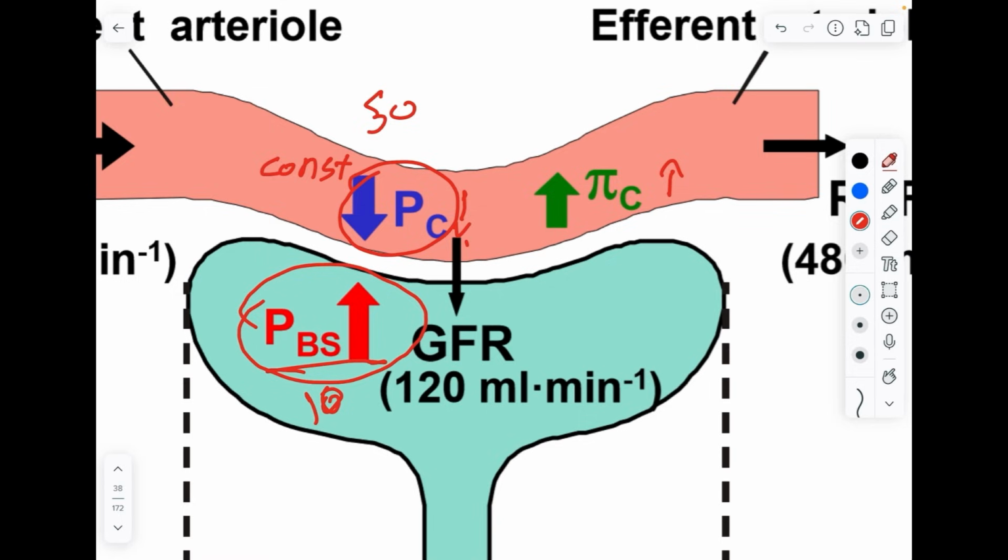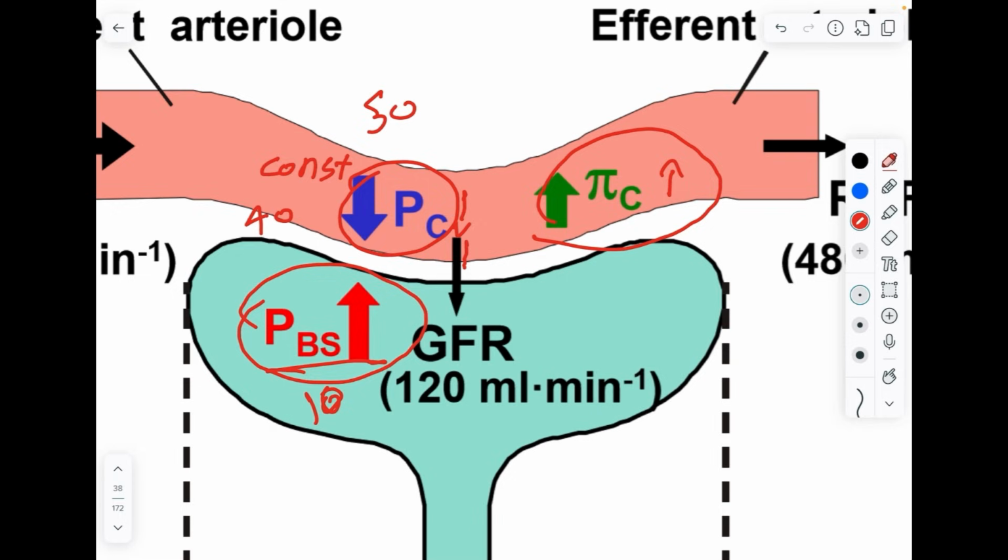Now, if this is going towards filtration as 50, and this is going towards the reabsorption into the capillary as 10, the net force driving is 40, and it's going towards what? Filtration.